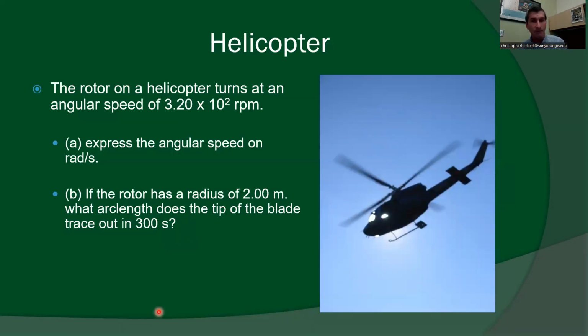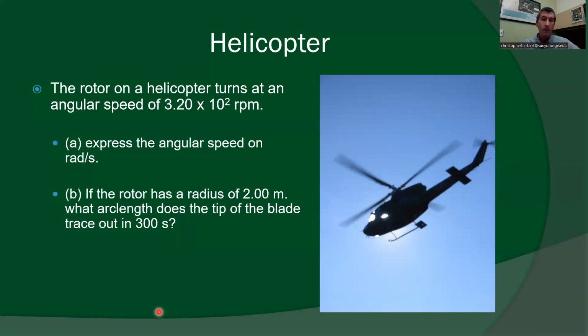So again, the rotor on a helicopter turns about 320 RPMs. If we want to express that in radians per second, we need to do a conversion. If the rotor has a radius of 2 meters, what arc length does the tip of the blade go?